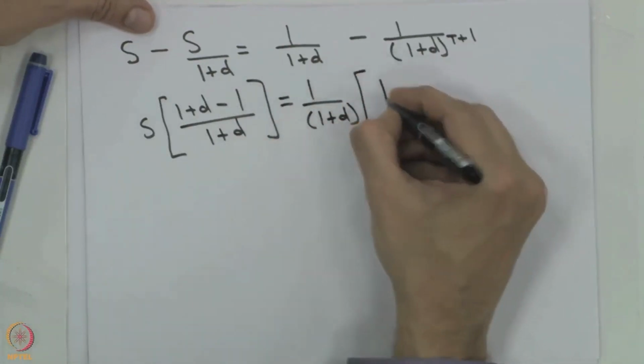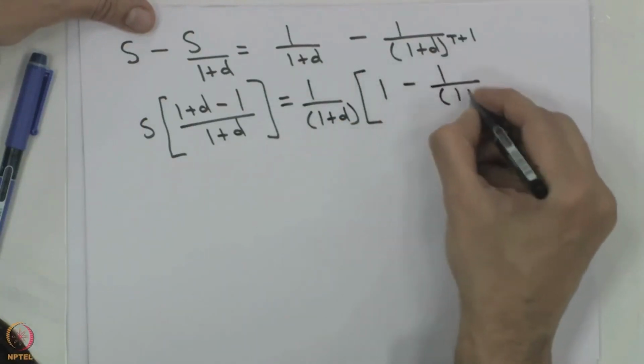You could have just used the geometric progression formula, but we just derived it in one step.